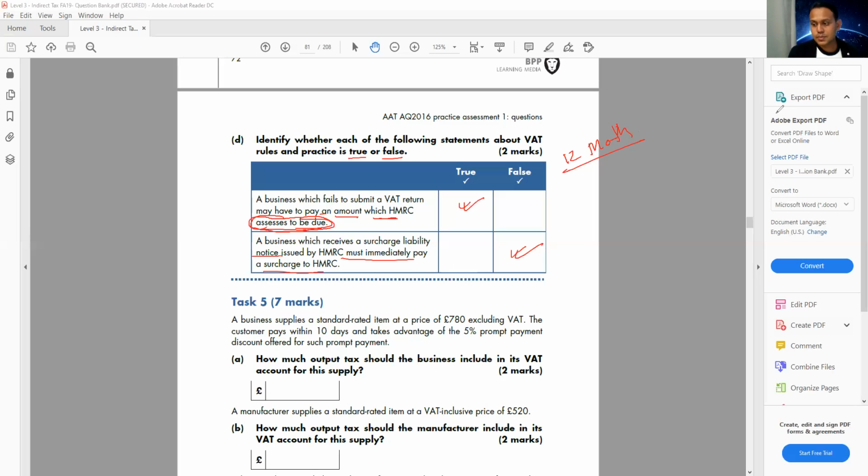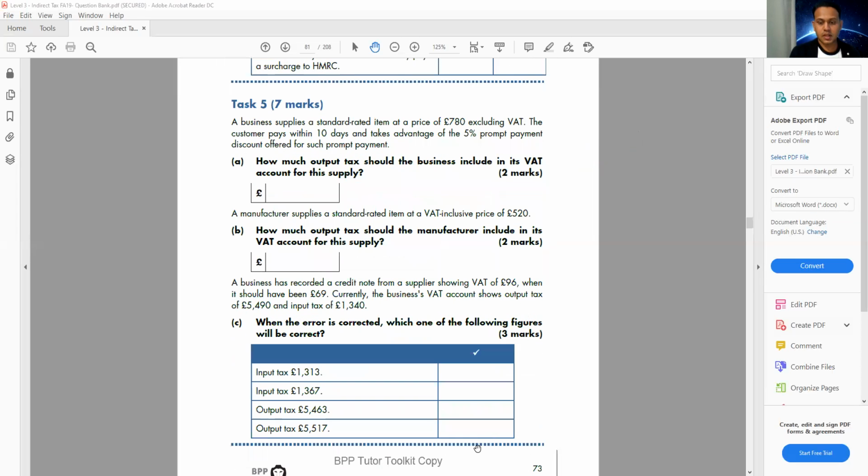Okay, so let's move on. Question 5 says a business supplies a standard rated item at a price of 780 excluding VAT. The customer pays within 10 days and takes advantage of a 5% prompt payment discount offer.